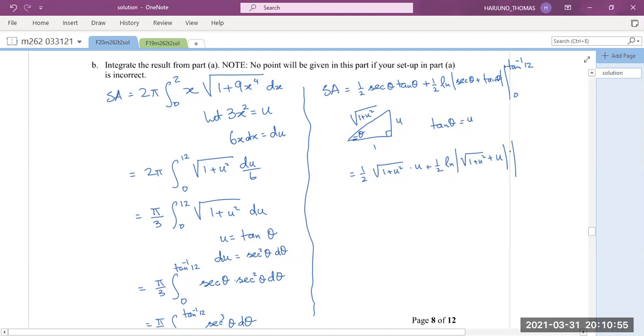And now we go back to u, that's from 0 to 12. Plug in 12. So 1/2 square root of 145 times 12 plus 1/2 natural log of square root of 145 plus 12. Minus when u is 0, that's just 0.